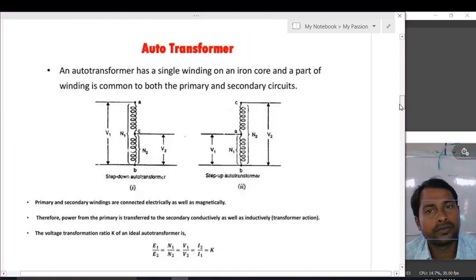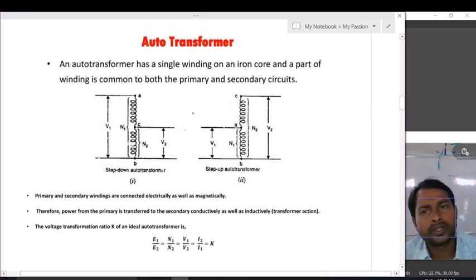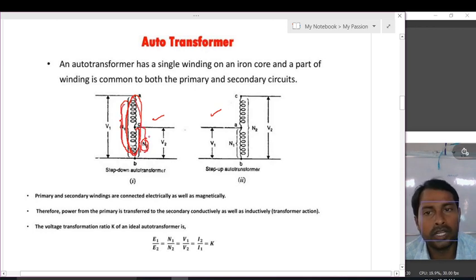These are the two types of transformers: this is the step down auto transformer, and this is the step up auto transformer. The total turns are the primary turns, and a part of the primary turns acts as the secondary turns. A single winding acts as both primary and secondary, so only one winding is there. This is also called a one winding transformer, unlike a two winding transformer.